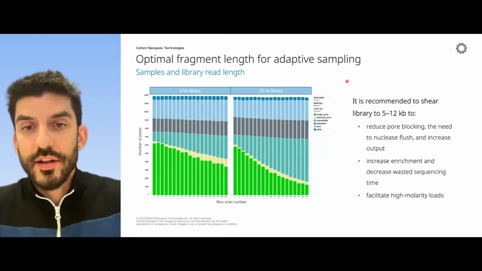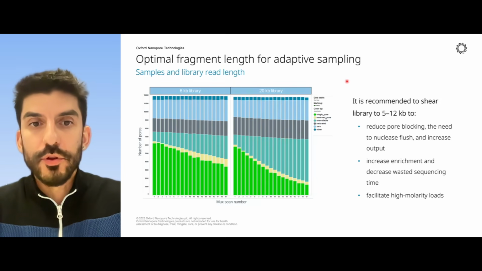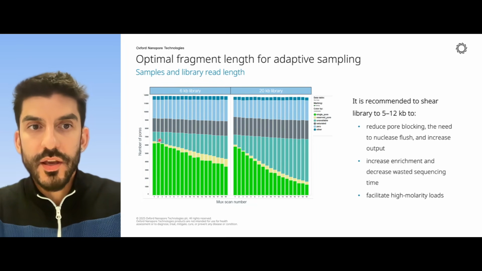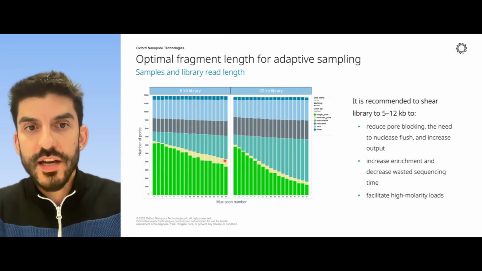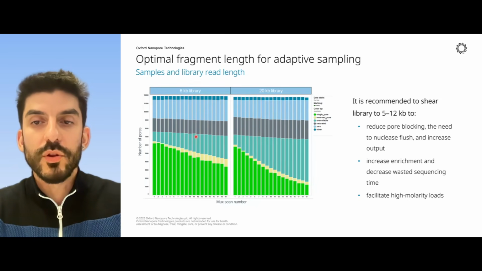Another consideration regarding the library length is how it affects the decay in pores. So if we look at mux scans from a library of N50 equals 6 kb and a library where the N50 is 20 kb, we can see that the depletion of pores in the same period of 20 hours is much higher in the library of 20 kb N50 comparatively to the 6 kb. This means that the 6 kb library will run for longer.